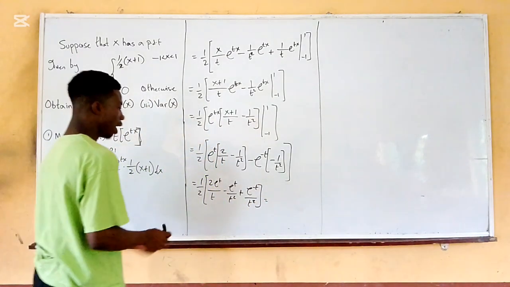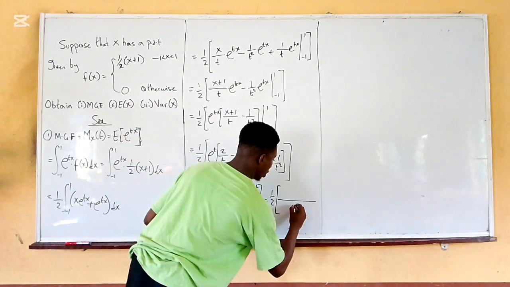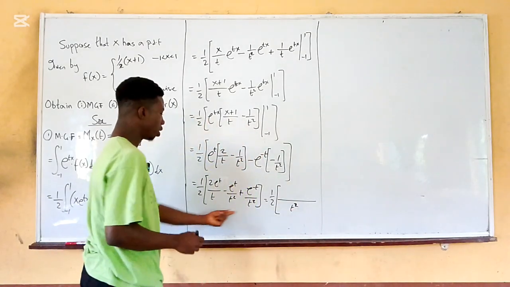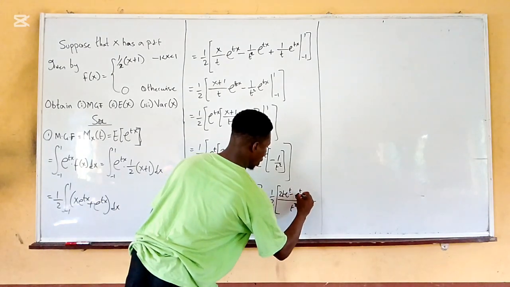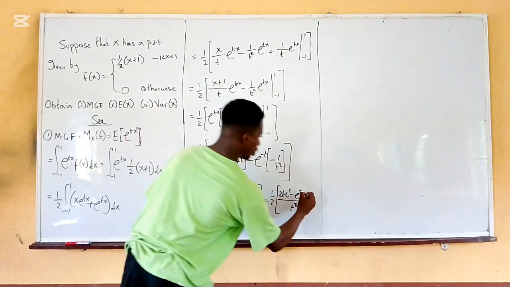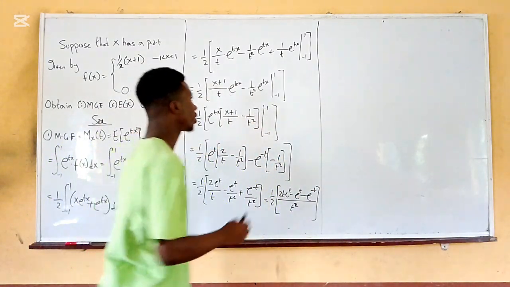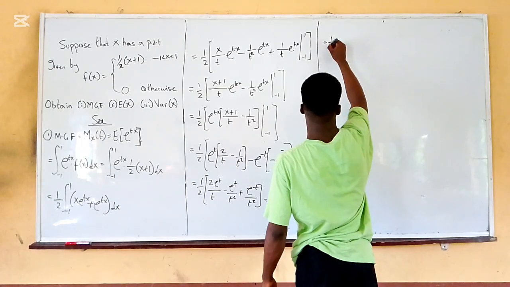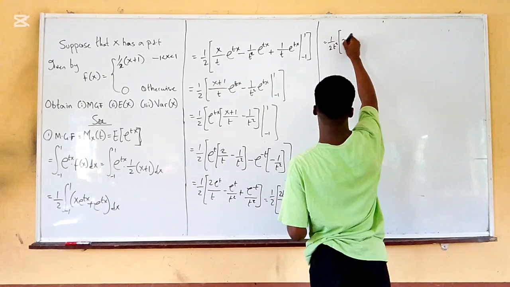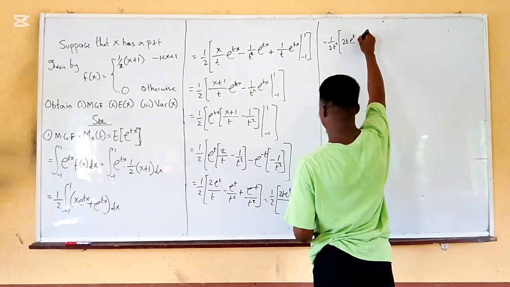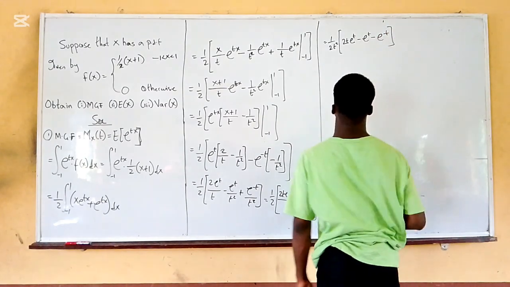Okay, so I can say 1 over 2 into bracket, take the LCM, that's t squared. So I'm going to have 2t exponential t minus exponential t minus exponential negative t. Now, this t square can come out. I'm going to have 1 over 2t square over, and then I'm going to have 2t exponential t minus exponential t minus exponential negative t.